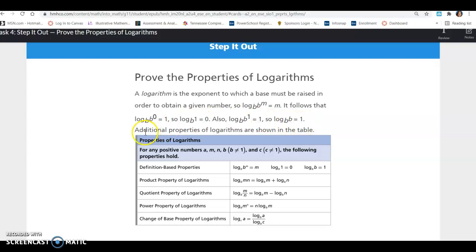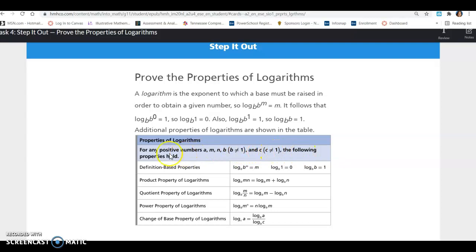All right. Additional properties of logarithms are shown in the table. All right, you need to write these down in your notes. This is going to be very handy. You're going to need these as we're going to use these properties. All right, properties of logarithms. For any positive numbers a, m, n, and b, b cannot be equal to 1, just like with exponentials, and c cannot be equal to 1 as well.